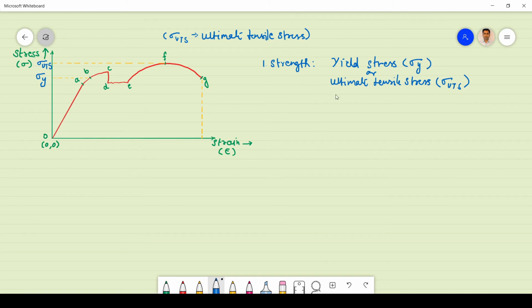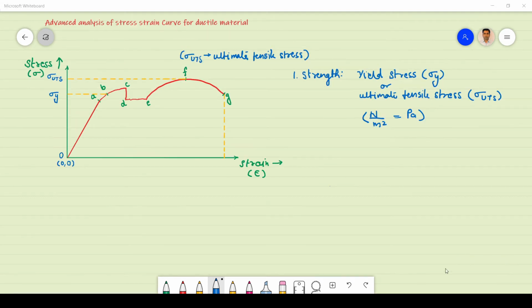And if we are talking about the units, then it can be given in terms of Newton per meter square, and that is equal to the Pascal. Here the case. Now the second one is stiffness.